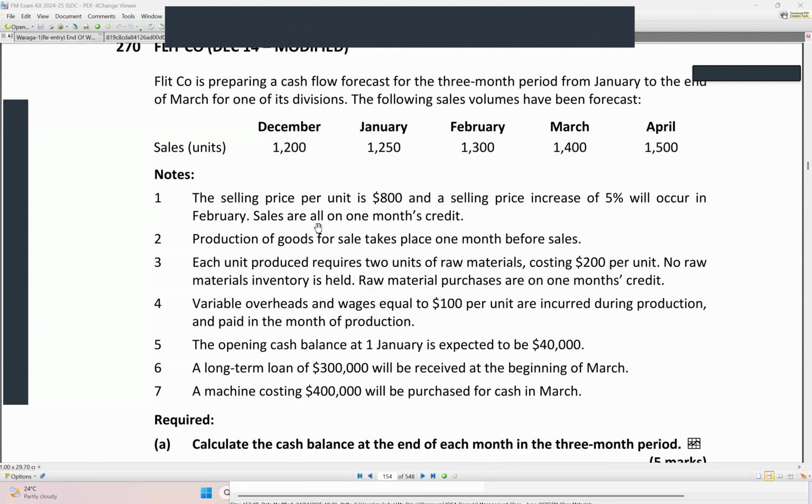So you have to be careful with the figures as they are given to you. And so because of that, I am going to demonstrate all the months, and then we only keep the part for the 3 months so that you understand. So now what is going to first happen?